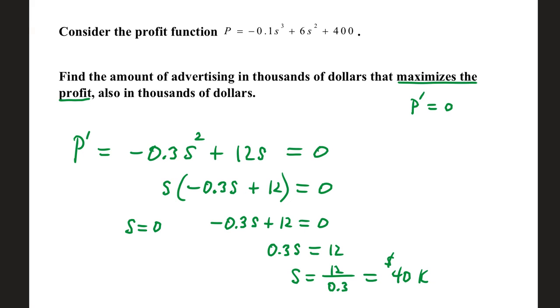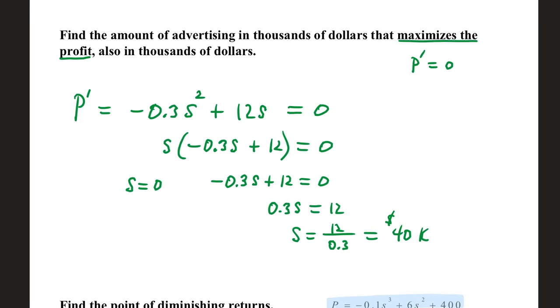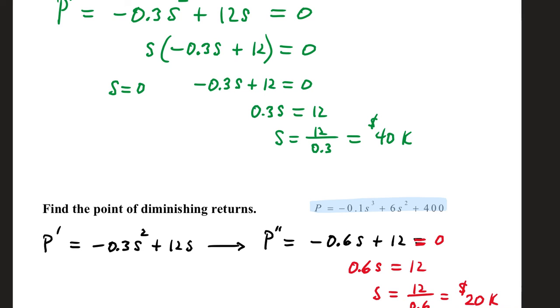Find the point of diminishing returns. I recopied the profit function down here, so you'll see it highlighted, but it's the same function as at the top. The point of diminishing returns is where your second derivative is equal to 0. It's where concavity changes from up to down or from down to up. It's the point of most rapid acceleration or deceleration.